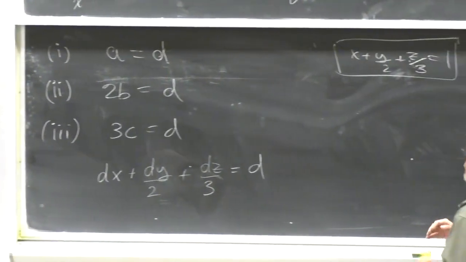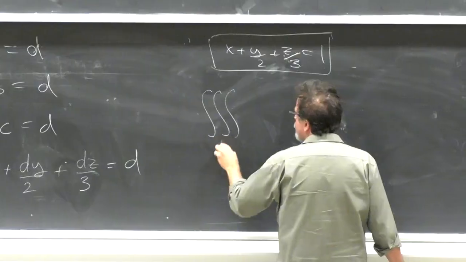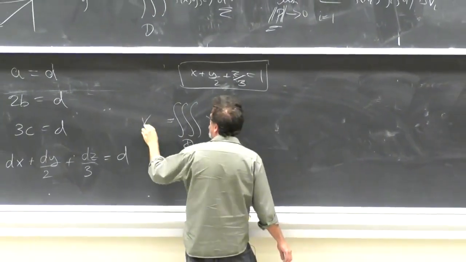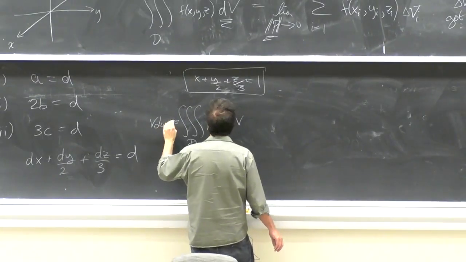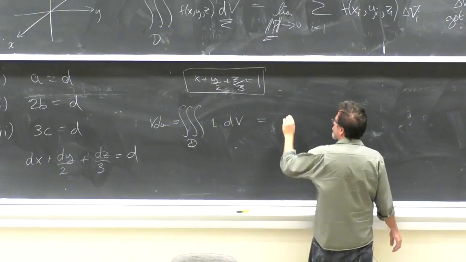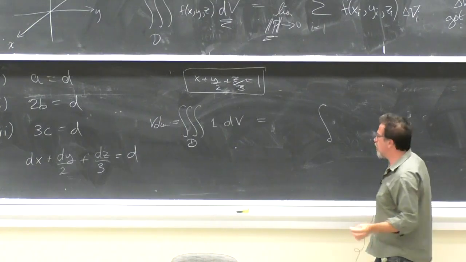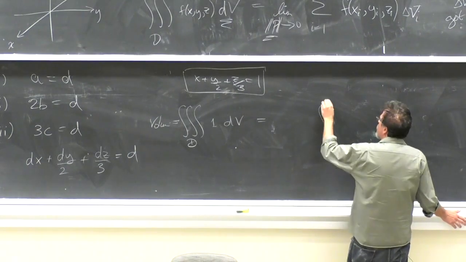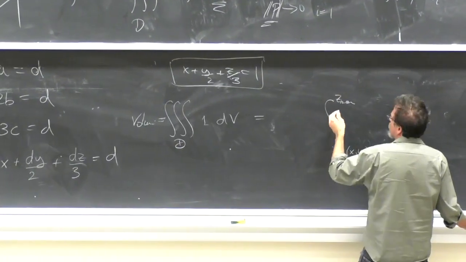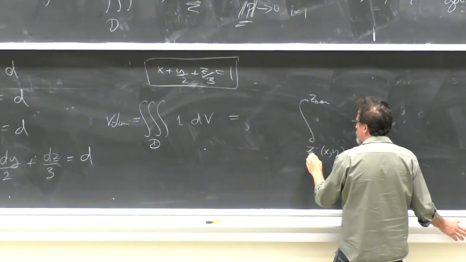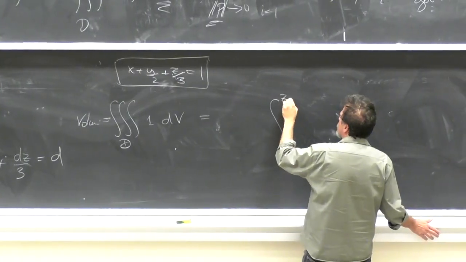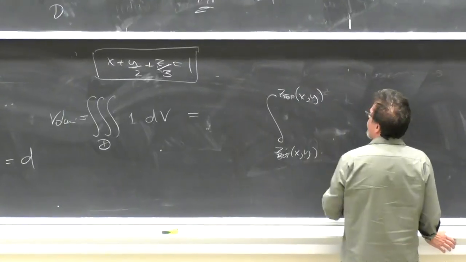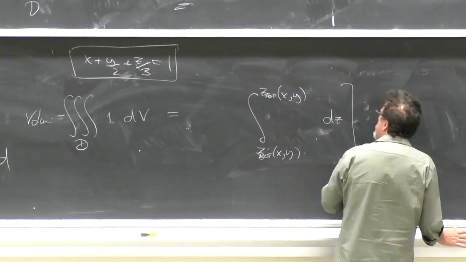So what are you going to do? You're going to say, well, the integral over this domain of the number 1 with respect to v, which is equal to the volume of the domain, is equal to, I'm going to use Fubini's theorem. I'm going to go from z bottom to z top, dz.